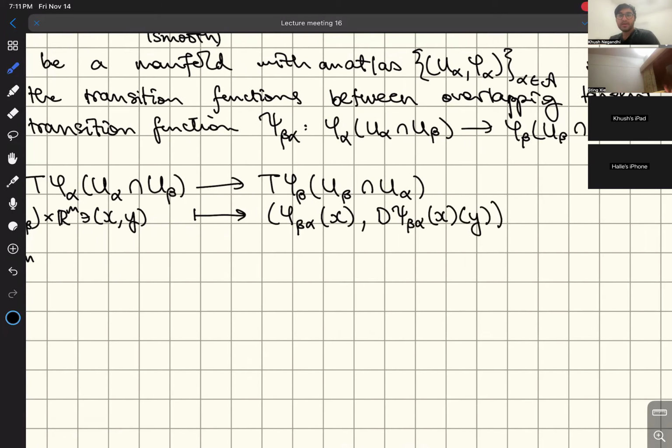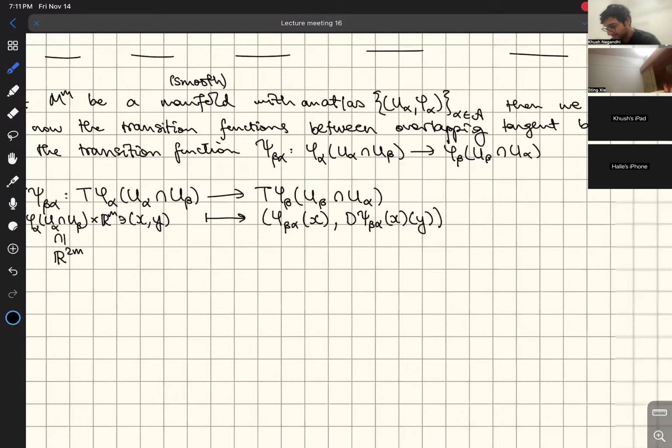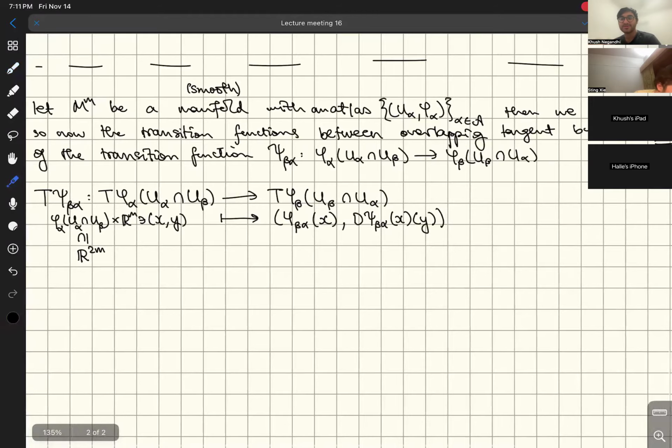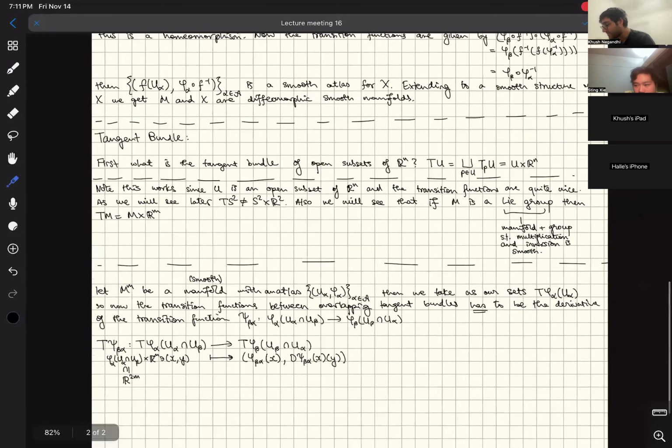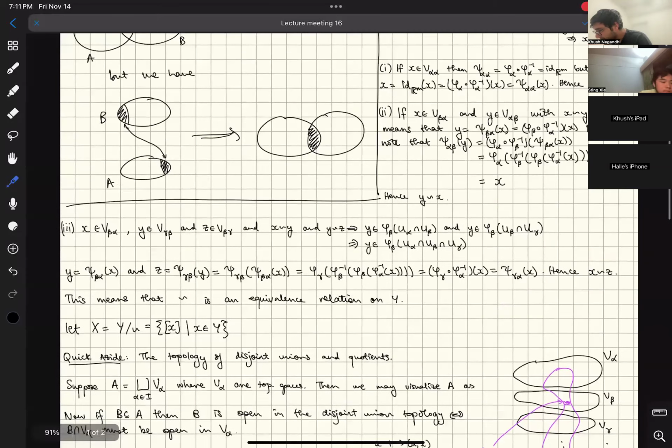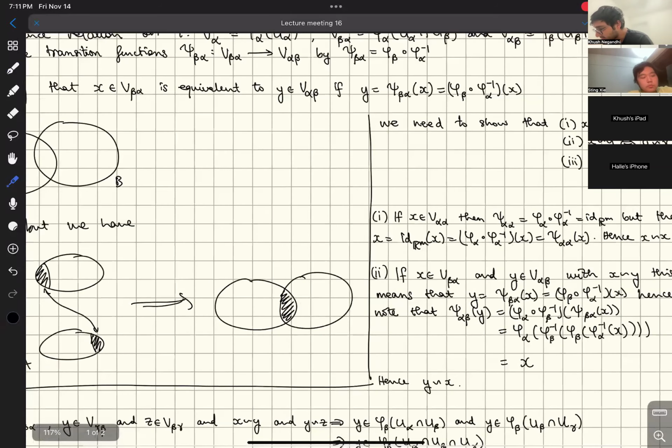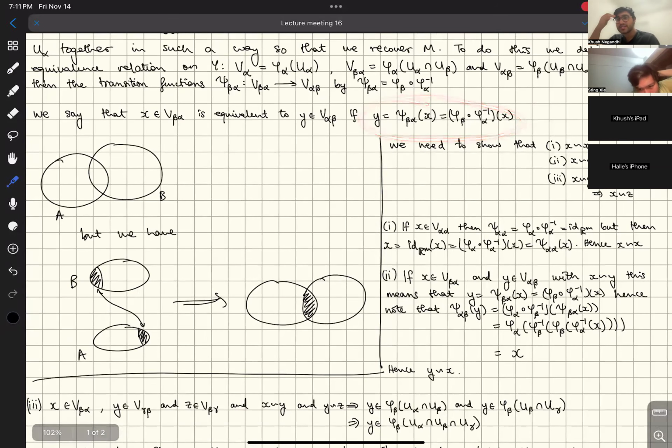Okay. Note that this definition should make sense from the previous section, because x is now related to the transition function applied to x. So this respects the structure of the manifold itself, from our construction above.